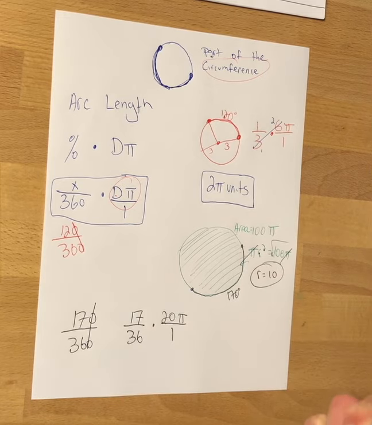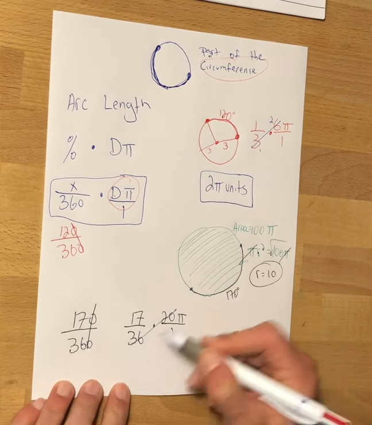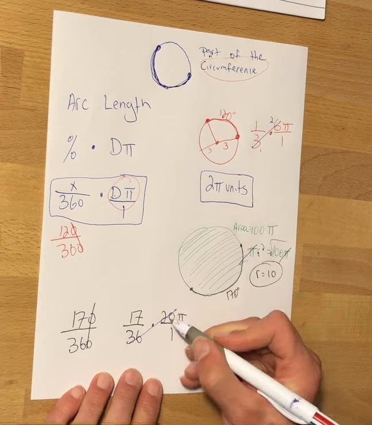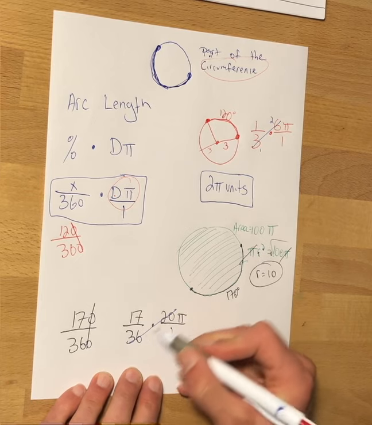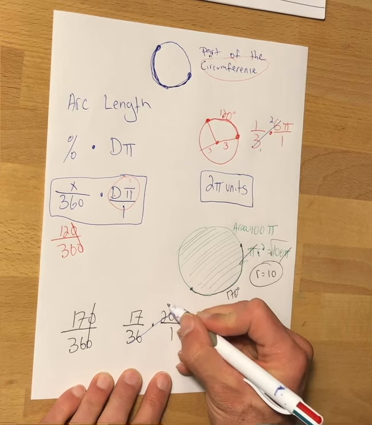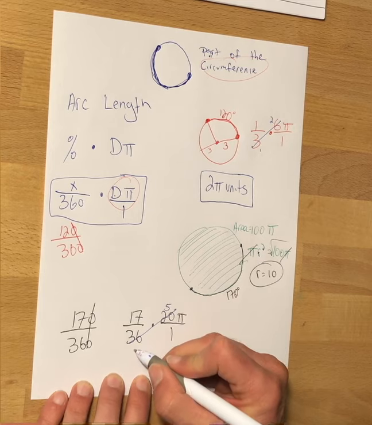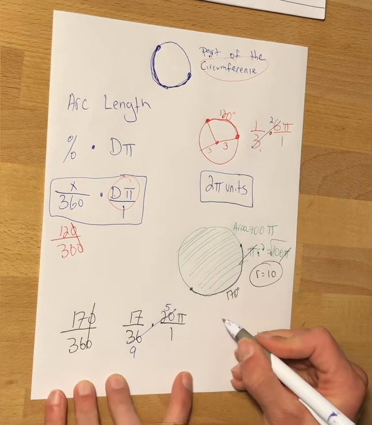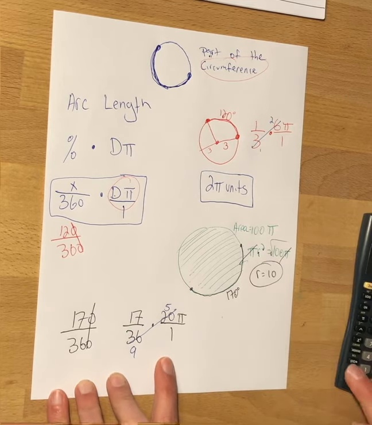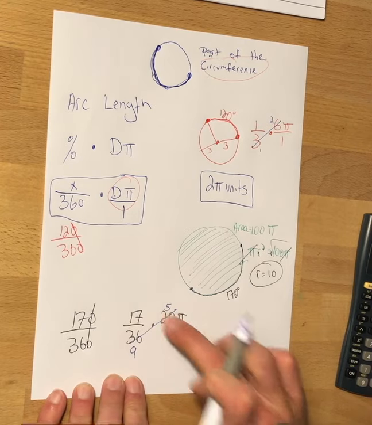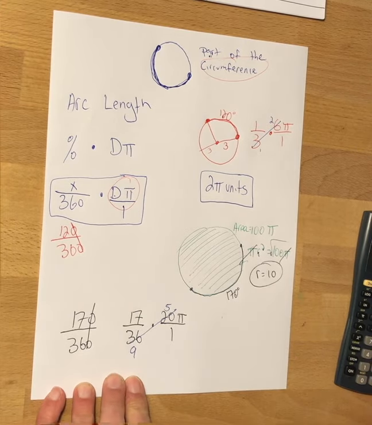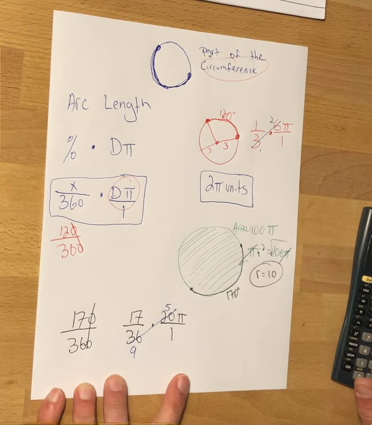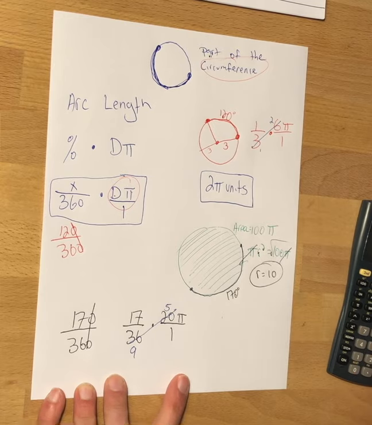Now I'm just going to simplify this. I'm going to cross cancel. I'm going to divide both of these, let's say by 4. 4 is the biggest number that's going to go into both of these. 20 divided by 4 is 5. 36 divided by 4 is 9. So I'm going to have, on my calculator, 17 times 5.